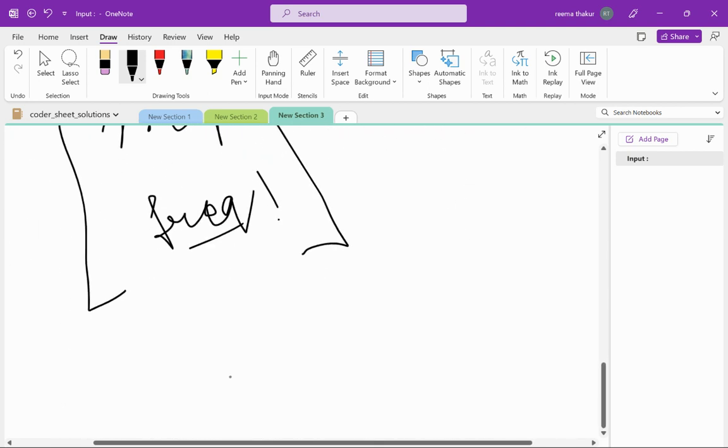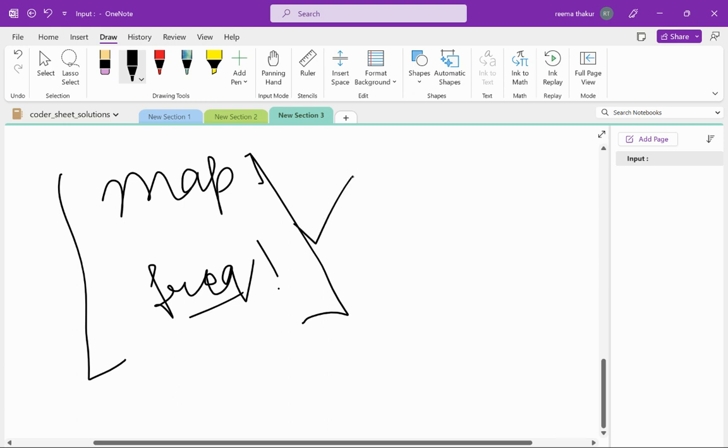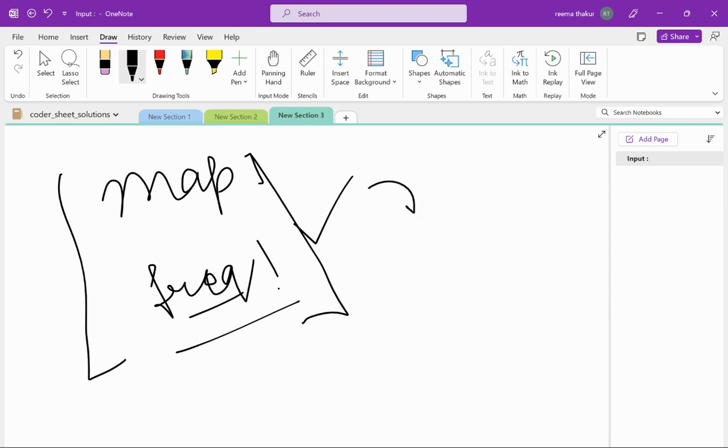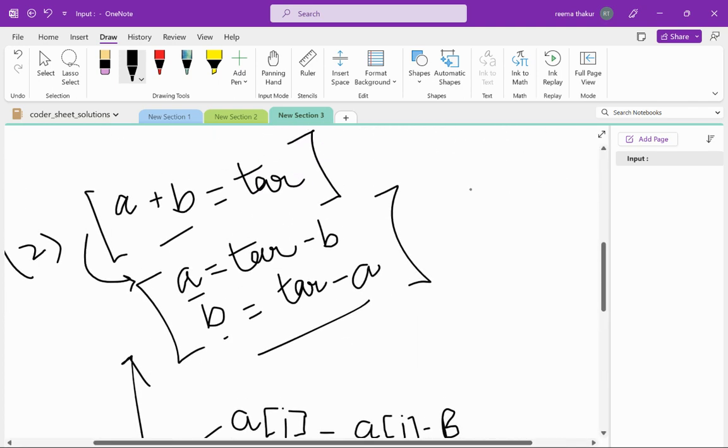So how will you use a map in this? You can store the frequency of each and every element inside the map, and we'll iterate through it. While iterating, we can dynamically change the map, and at every step there can be two possibilities.